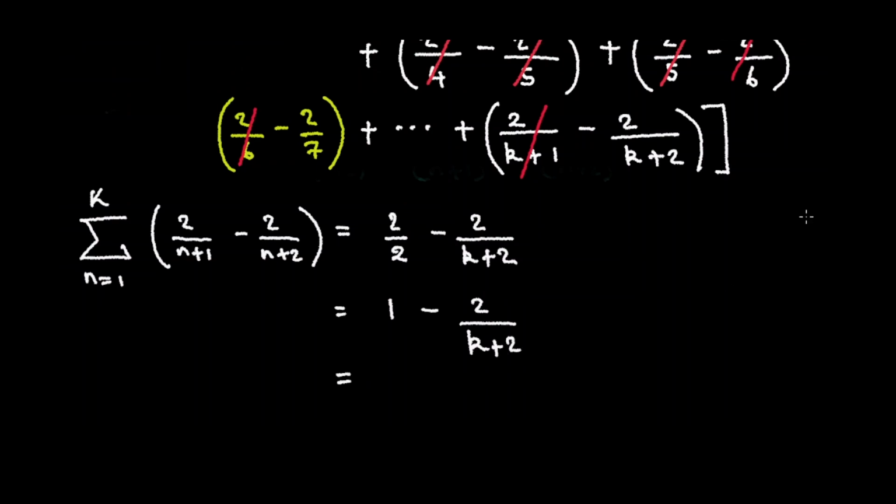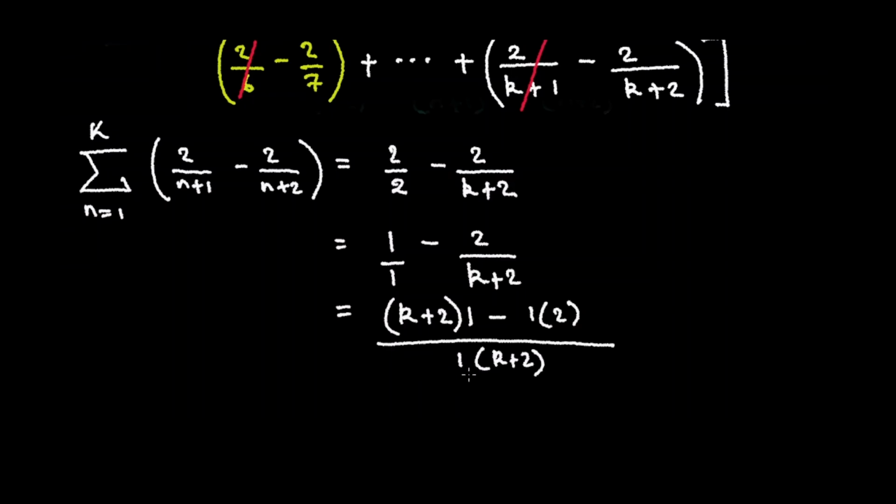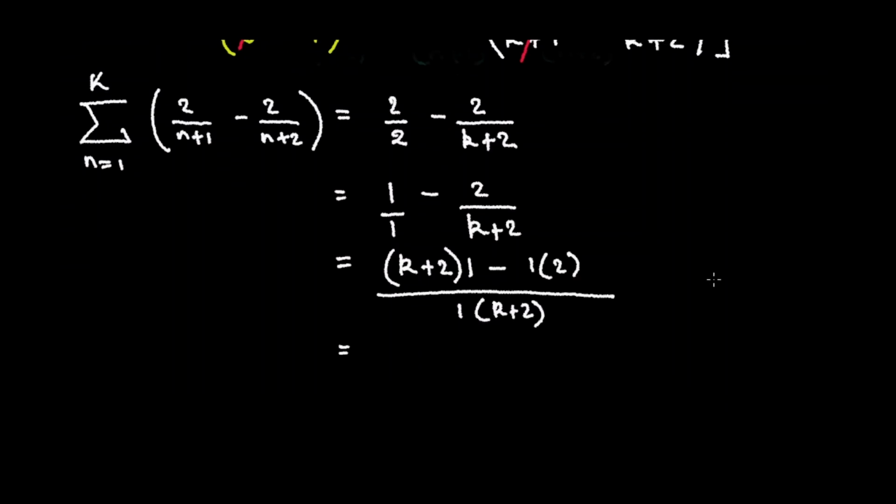That means if we subtract these two, it's going to be k plus 2 multiplying 1, using the method we discussed earlier, then minus 1 multiplying 2 over 1 multiplying k plus 2. So our answer here is simply k plus 2 subtracting 2 over k plus 2.